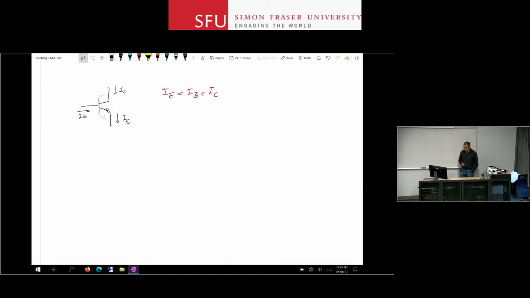Now, we said that you have a diode at the base-emitter region. It is forward biased. So you expect IE to be proportional, based on what we learned before, to e to the VBE over VT. But what happened to that N? It's a diode, so what happened to that N?